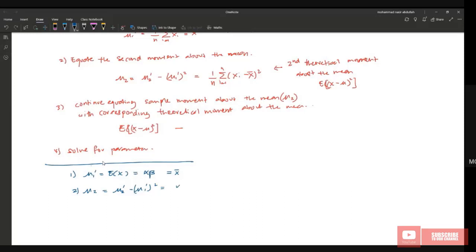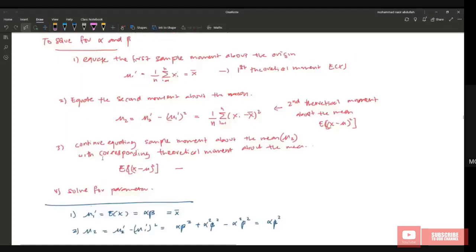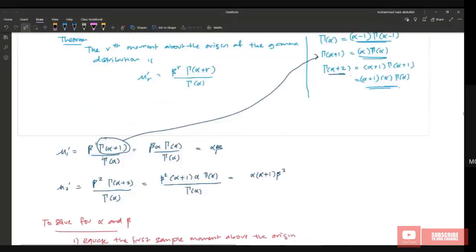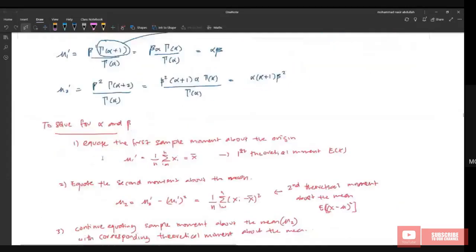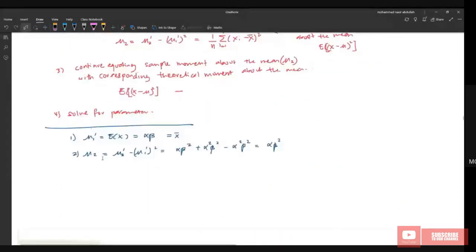So this should be alpha beta squared plus alpha squared beta squared minus alpha squared beta squared, which is equal to alpha beta squared. This is taken from the theorem for the moment generating function, moment about the origin of the gamma distribution. So the variance is equal to alpha beta squared.